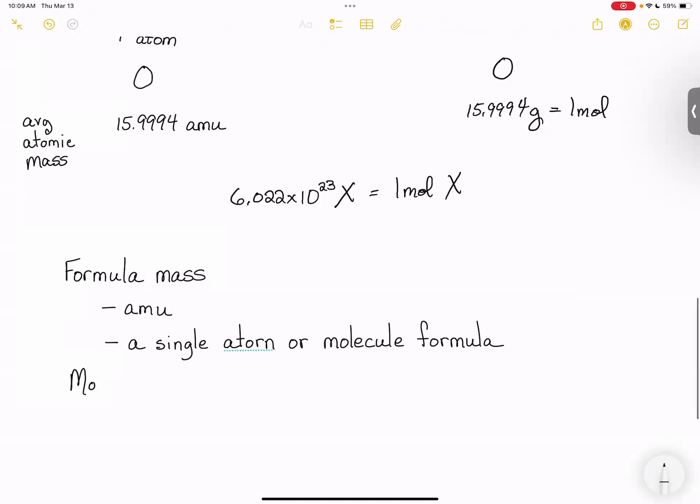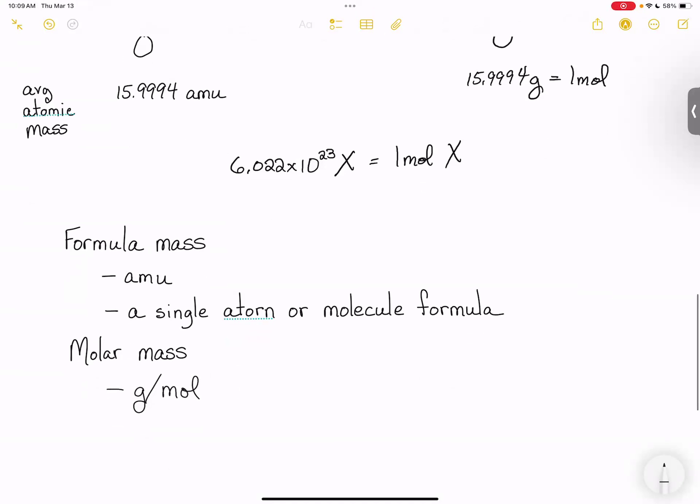Molar mass will be in grams per mole, and it will be for 6.022 times 10 to the 23rd atoms or formula units.